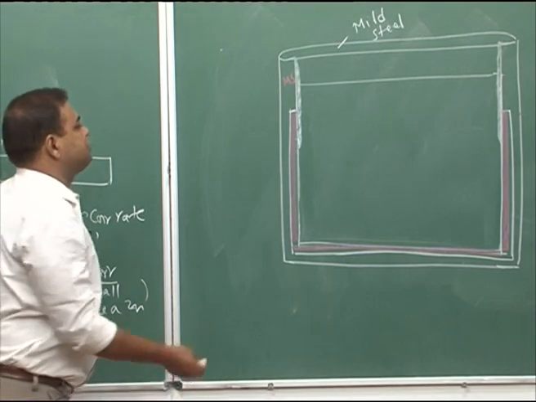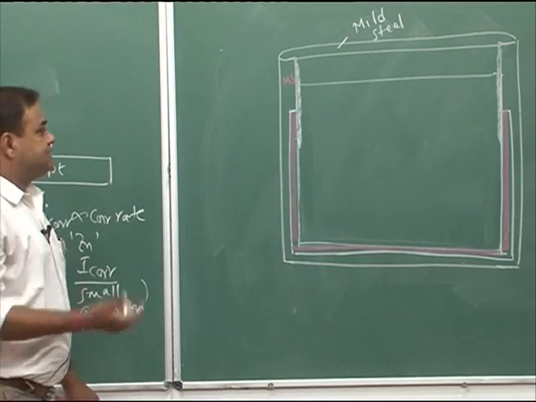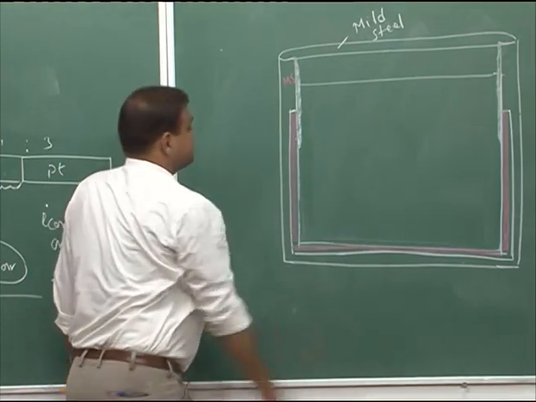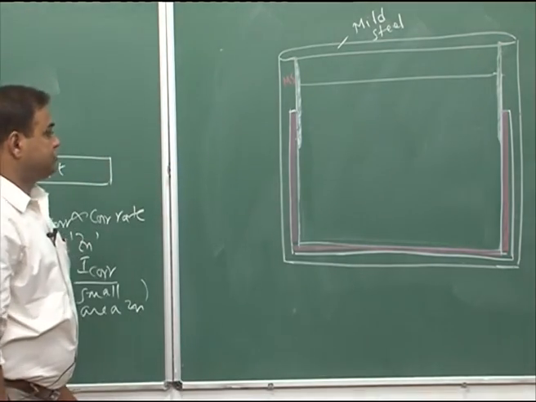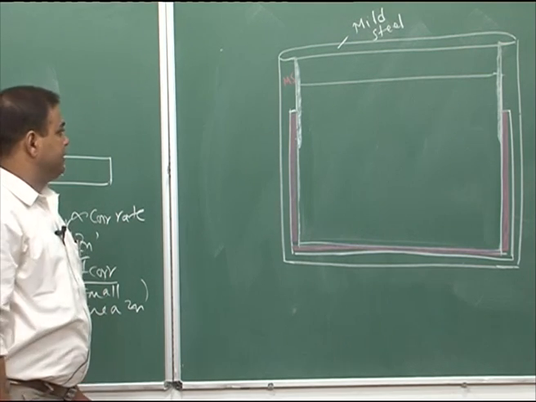Now, we think that this will function better because we have stainless steel at the bottom, and the corrosion rate of stainless steel is very low in this mildly corrosive water solution. But the situation is entirely different.